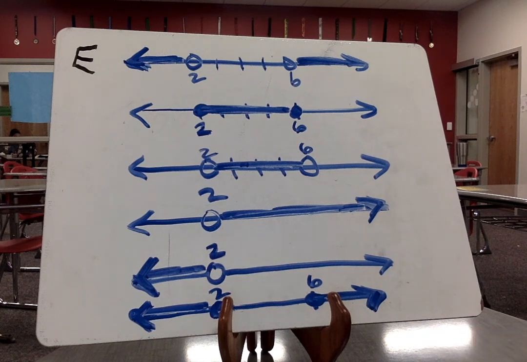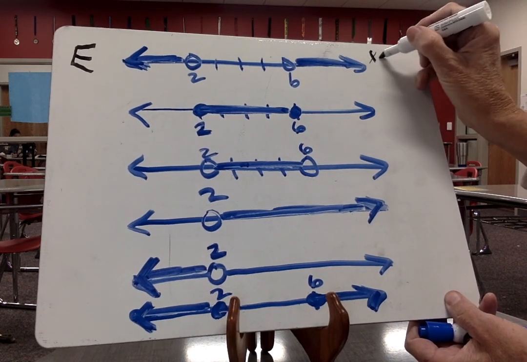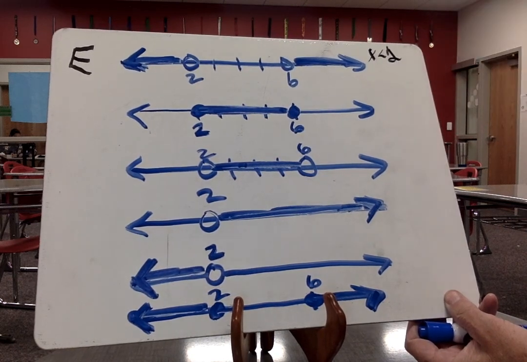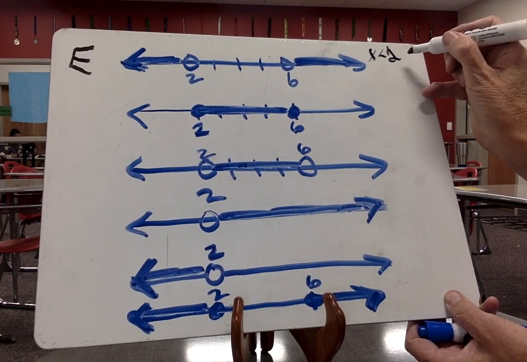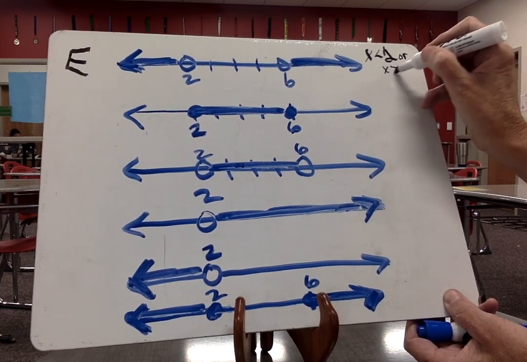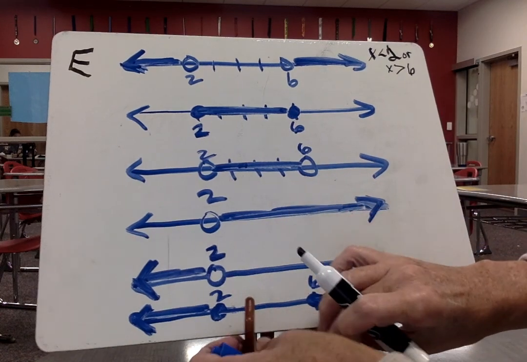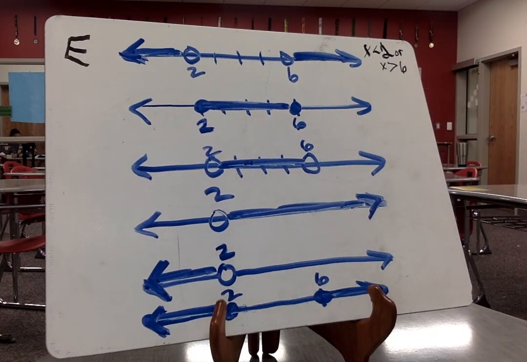Okay, because letter E shows x is less than 2 or x is greater than 6. The next one has this shaded in the middle. So we're going to say 2 is included in there.